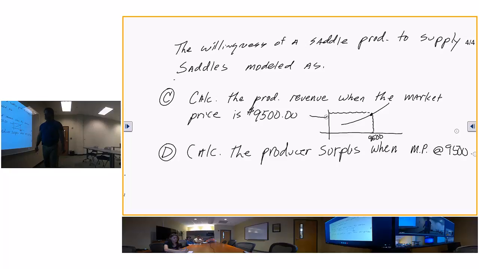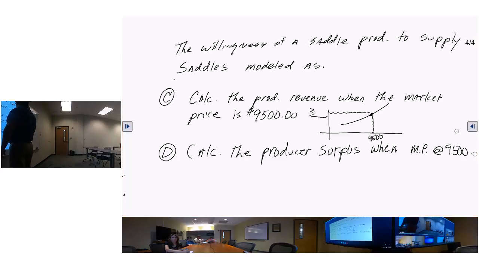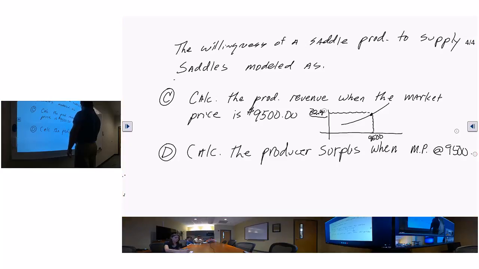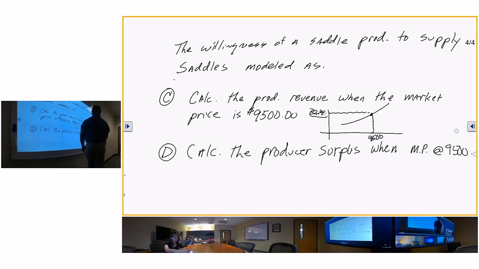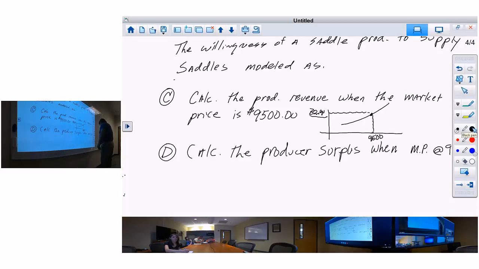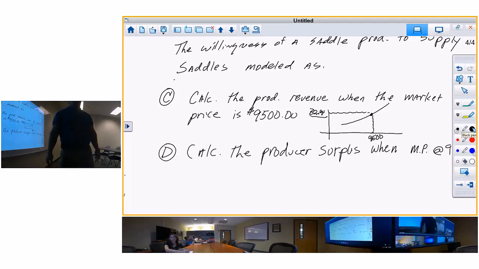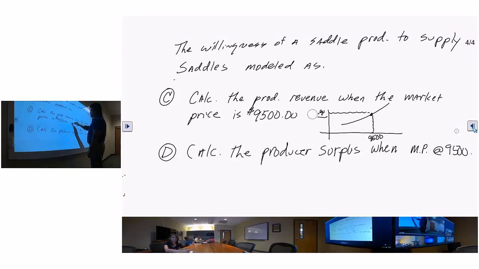I got 32.39. This pen is not writing well. Come down and get the other one. Maybe it'll write a little bit better. 32.39. Everybody else get 32.39?